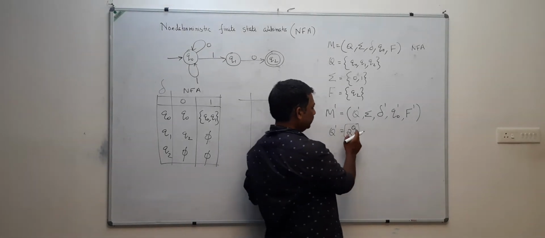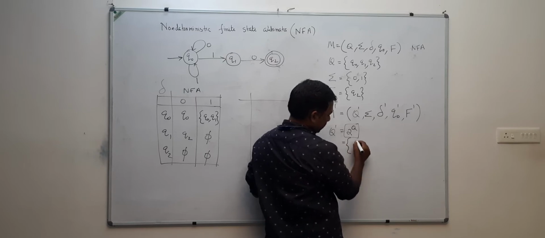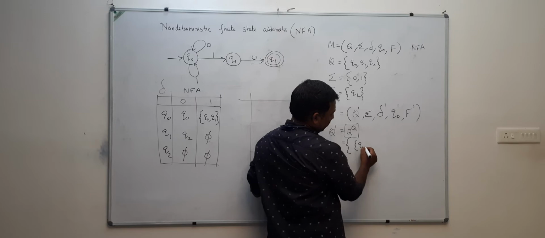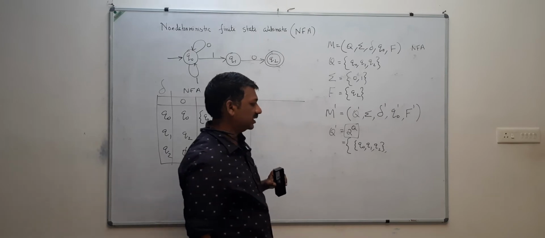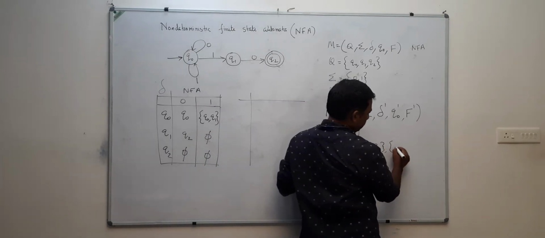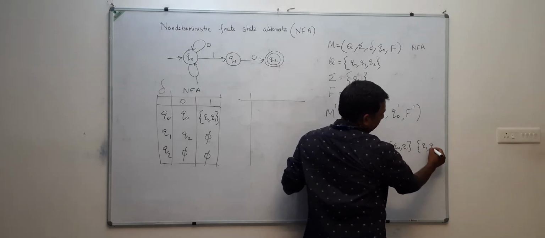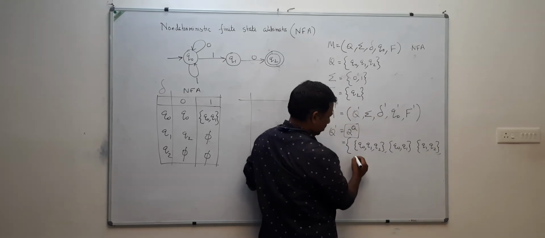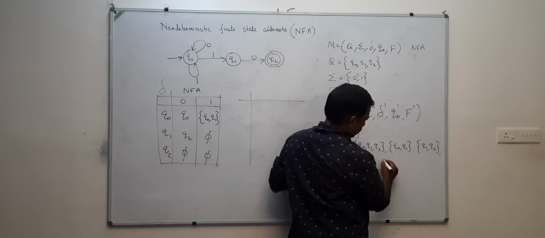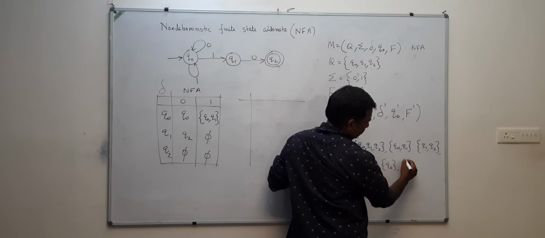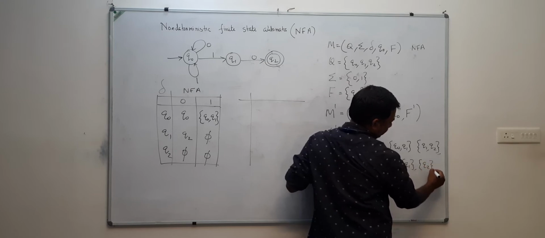So we have the power set 2 raised to Q, which is the set {Q0, Q1, Q2, Q0Q1, Q1Q2, Q0Q2, Q0Q1Q2, phi}.